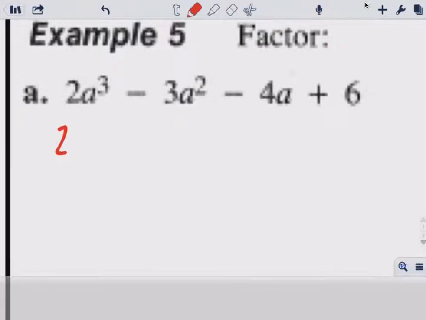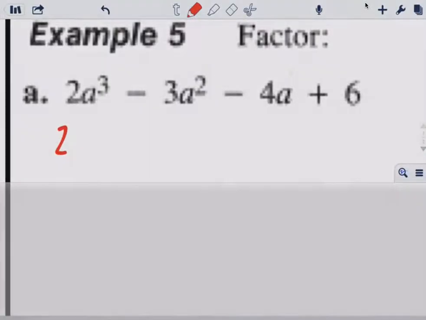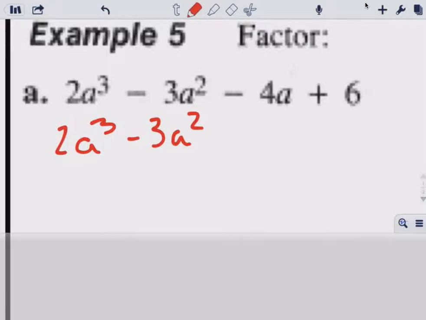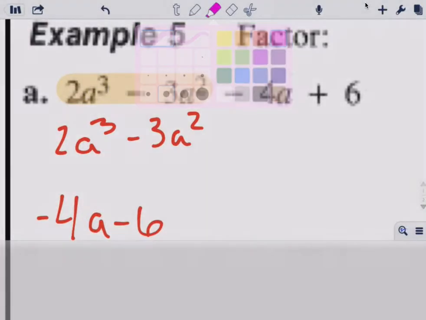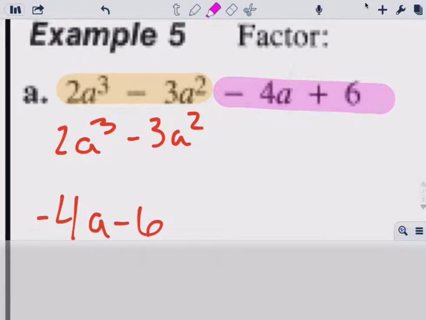For instance, I can take 2a cubed minus 3a squared, and I can take 4a minus 6. So I took this piece, and I took this piece.